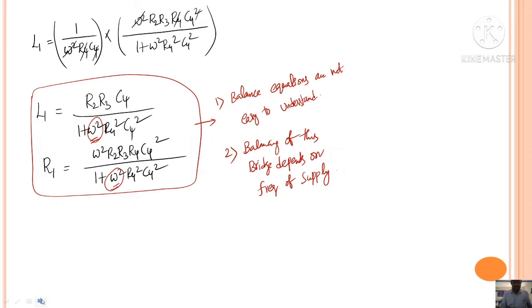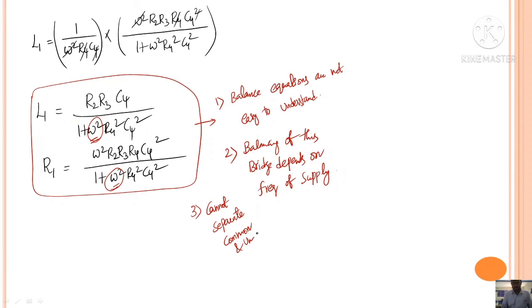In addition to all these things, another drawback is we cannot separate common and uncommon terms.